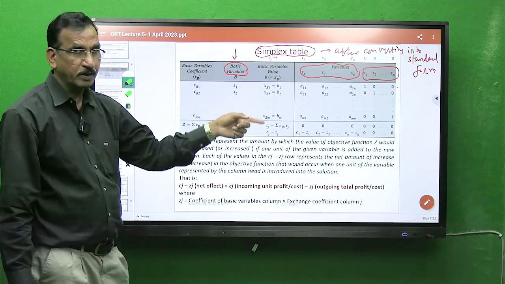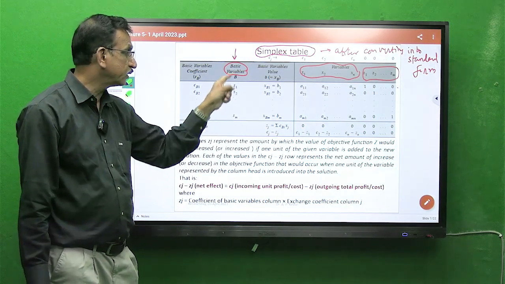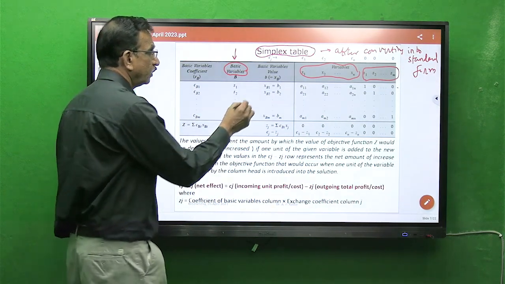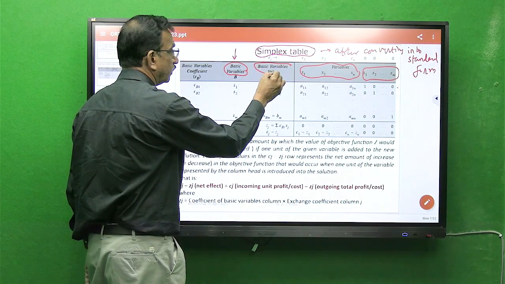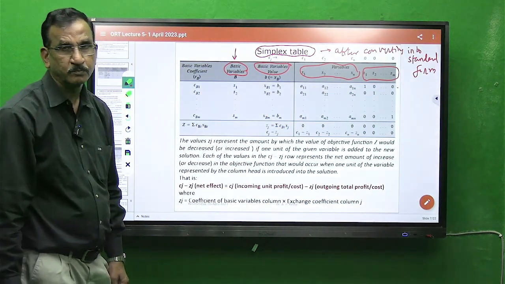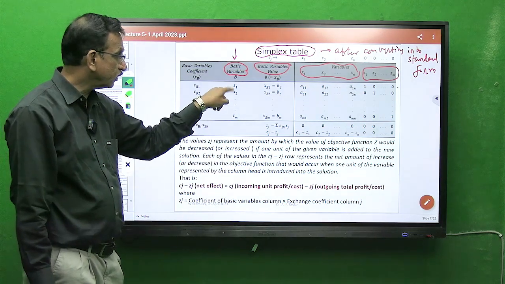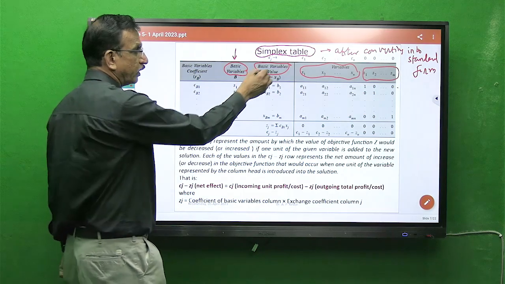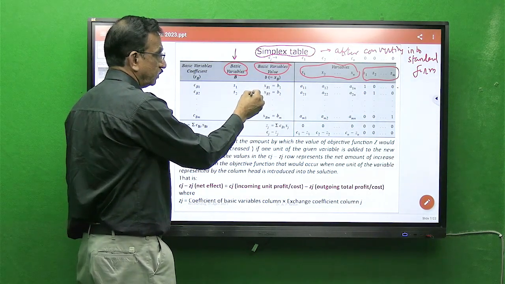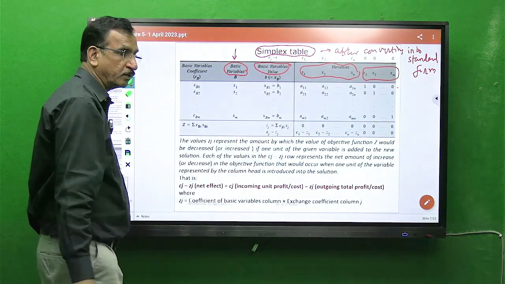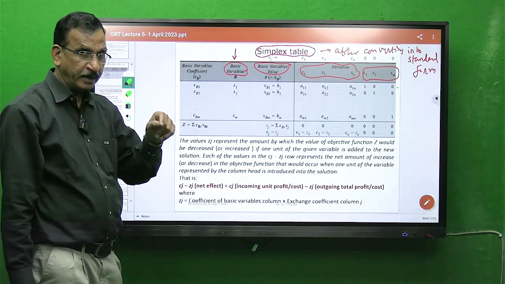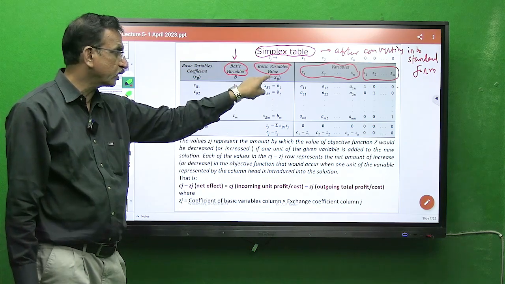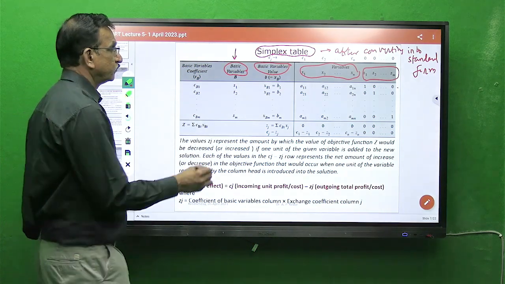For that, whatever values we are getting are written in this column of basic variable values. Whatever we are getting out of that basic variable, we are writing its value. The solution which we are getting by putting the initial conditions, and these variables representing that initial condition, those values we are writing here. This is very important.